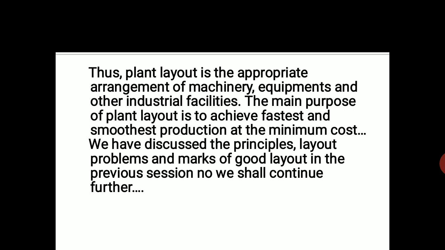It is an appropriate arrangement of all the machineries, all the types of resources and equipments that may be used for the industrial production. The main purpose of plant layout is what? To achieve the fastest, the smoothest production at a minimum cost. That means cost effective manufacturing. If you want to do that, the arrangement has to be made in such a way.